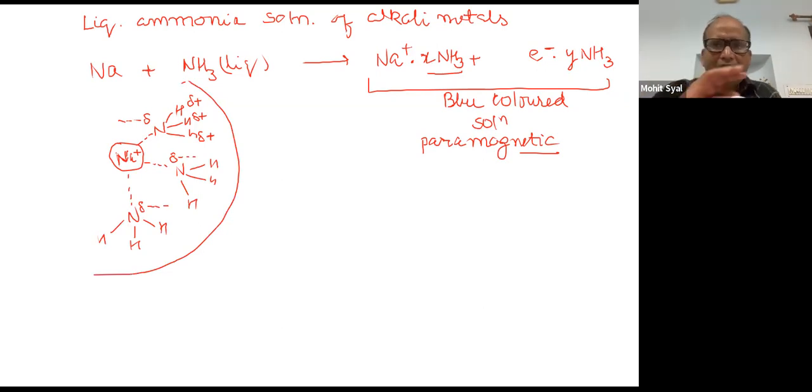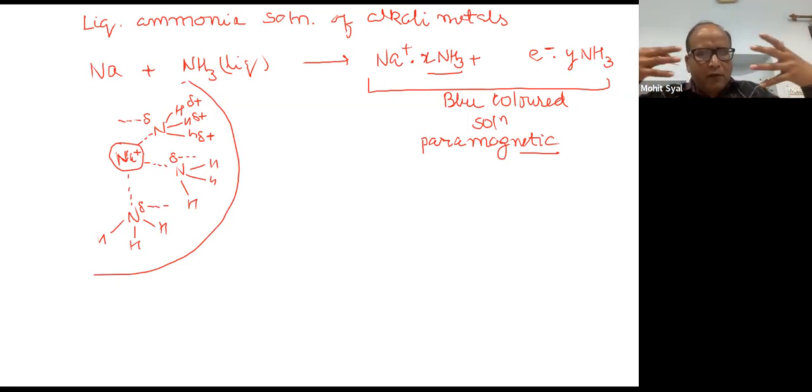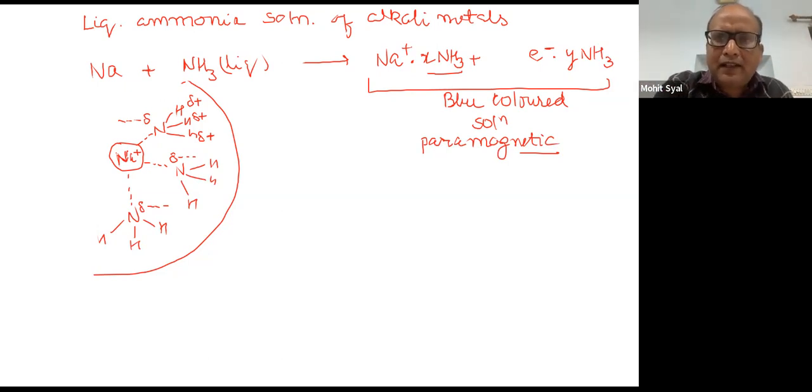And that's why X can be a very large number. This may be one layer, two layers, because the ammonia molecules are surrounding this sodium ion due to the attractive force between Na plus and N minus. Similarly, what happens to the electron? Does it remain alone? The answer is no. Electron is a very small subatomic particle.